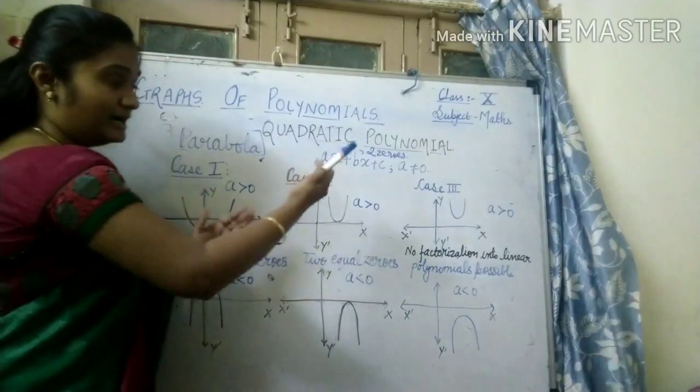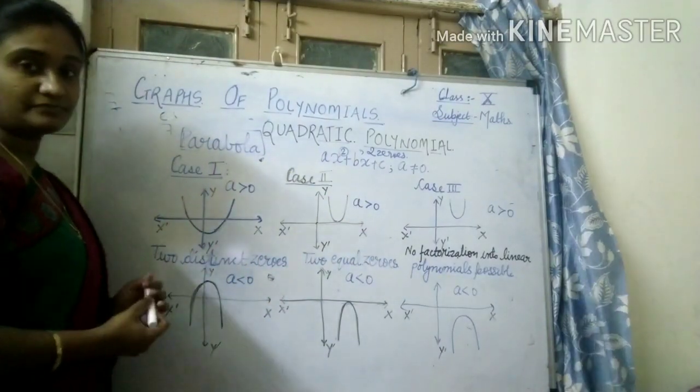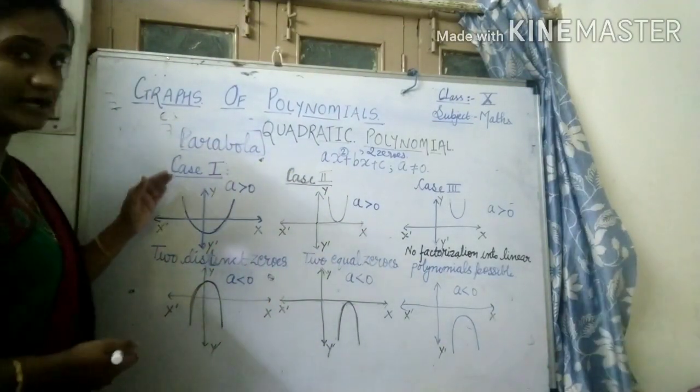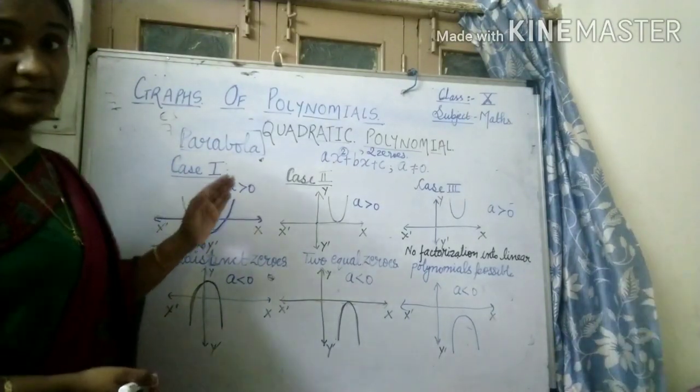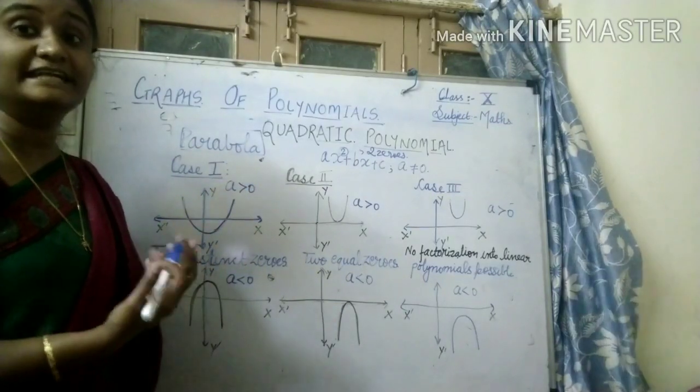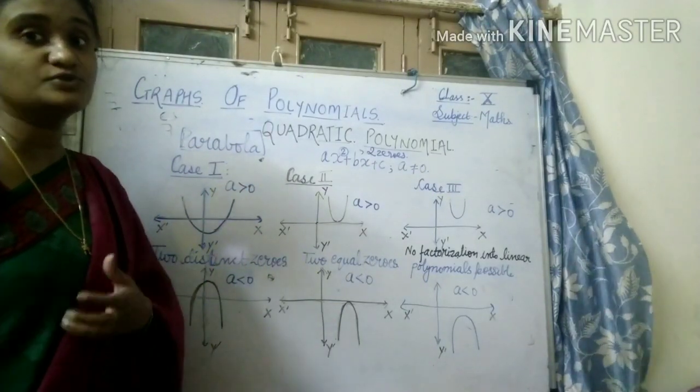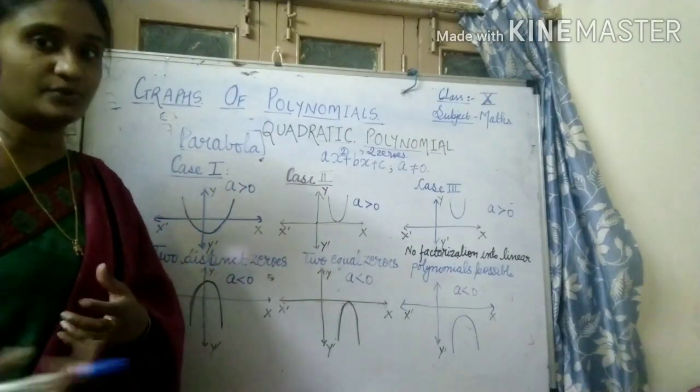So let us slowly understand what type of curve. As I was saying, case 1 is totally upon the 2 zeros when they are different. You have 2 different values of x, 2 distinct zeros for the quadratic polynomial.